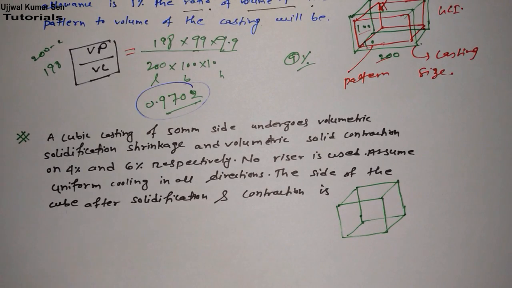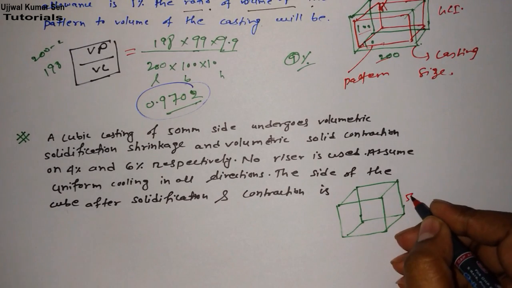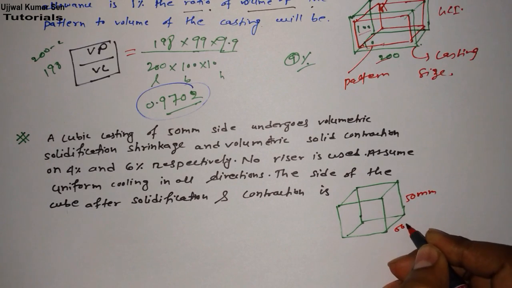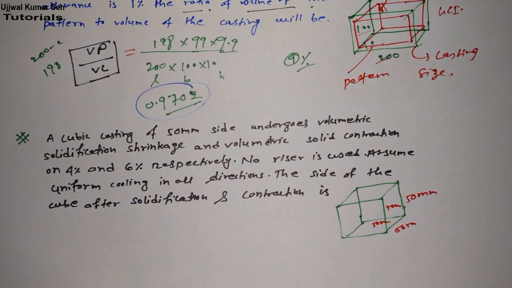So suppose that we have a cube, and one side of it will definitely be 50 mm. So every side would be 50 mm, right? So what does this question state? The casting undergoes volumetric solidification shrinkage and volumetric solid contraction of 4% and 6% respectively.